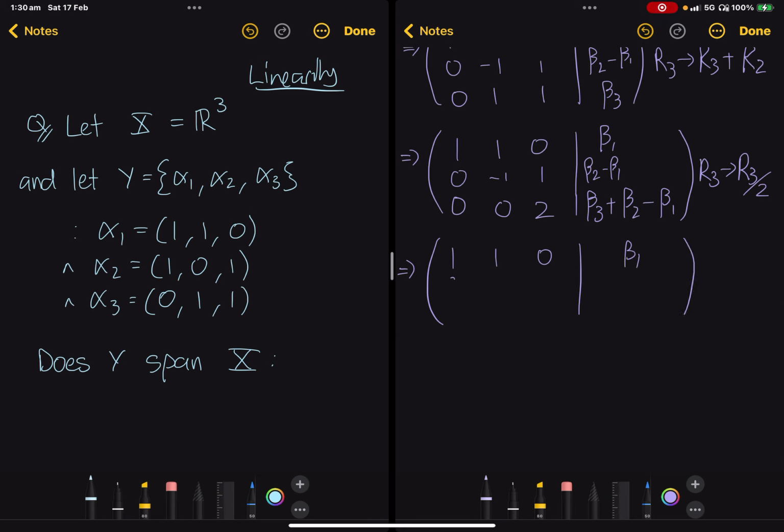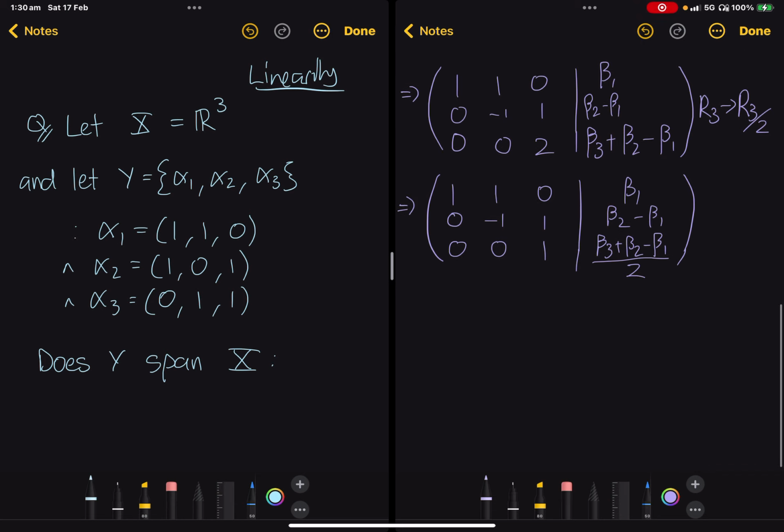We get 0, minus 1, 1, beta 2 minus beta 1, and then we get 0, 0, 1, beta 3 plus beta 2 minus beta 1, all divided by 2. Now we have to take row 2 and subtract row 3 from it. So row 2 minus row 3.